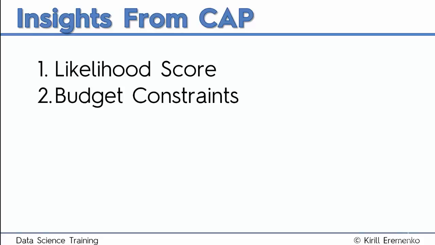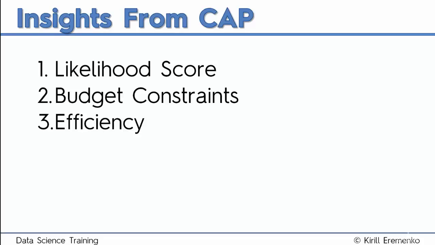Number two is budget constraints. So you can use a cap curve directly to understand who to contact to get the best bang for your buck. If you have a budget constraint in your marketing department or whatever department you're creating this model for, this can really, really help get the best outcome for the investment into this activity. And three, efficiency.